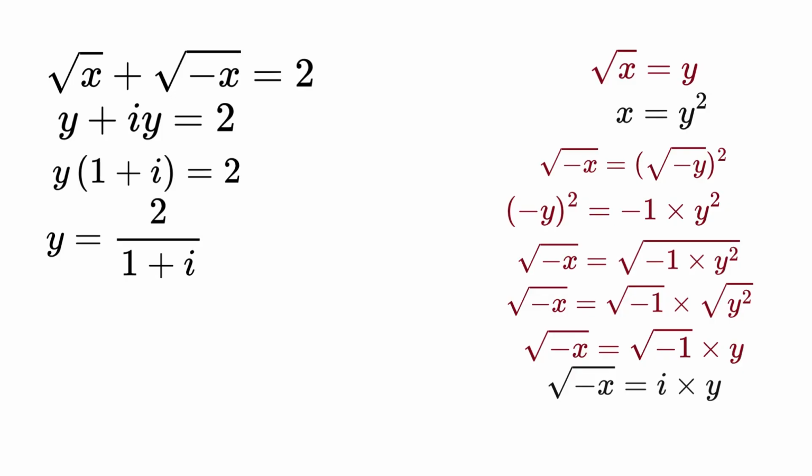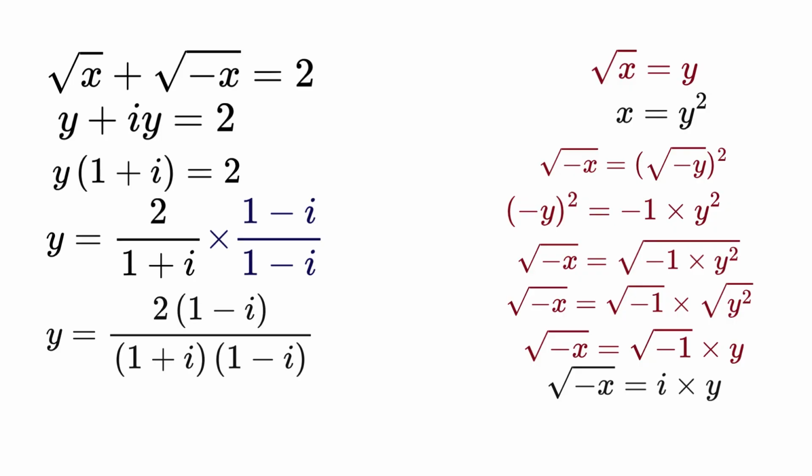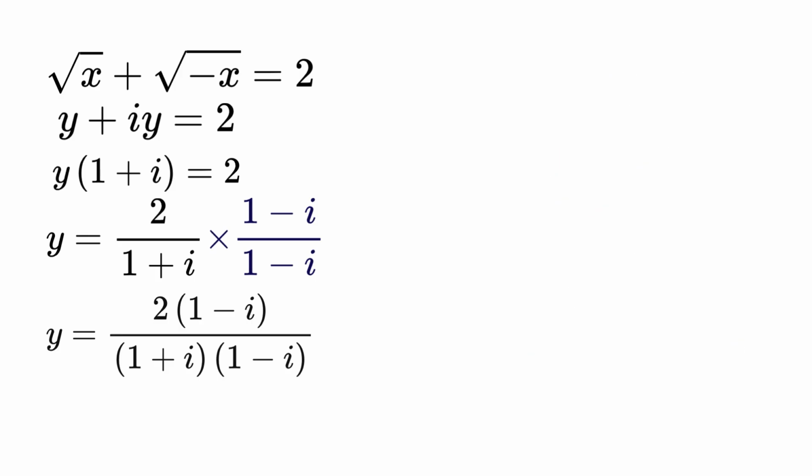Now, multiply 1 minus iota with the numerator and denominator. So it becomes y equals 2 times (1 minus iota) over (1 plus iota) times (1 minus iota). We have the formula (a plus b) times (a minus b) equals a squared minus b squared. And look at the denominator.